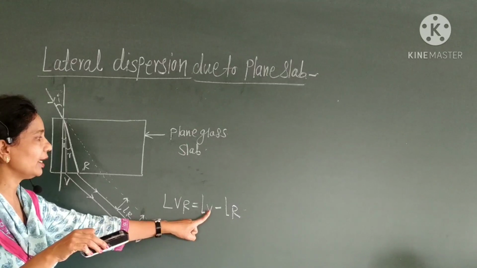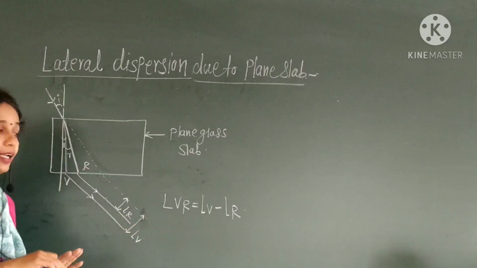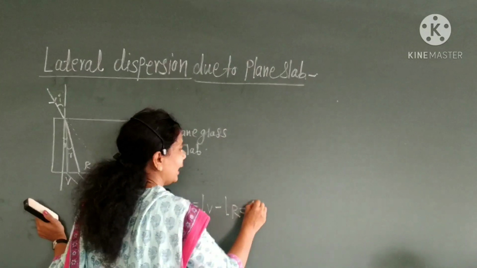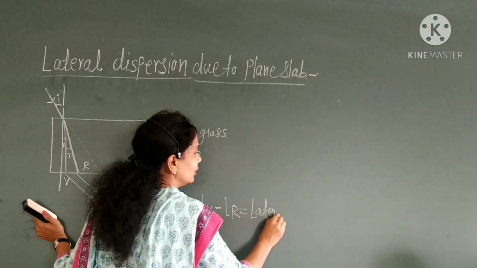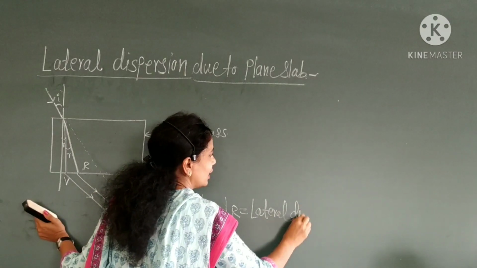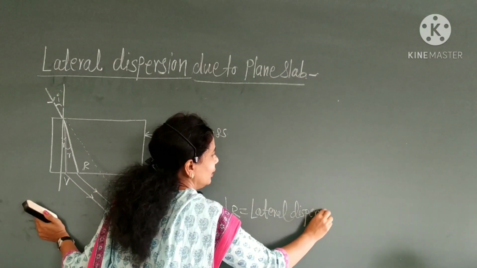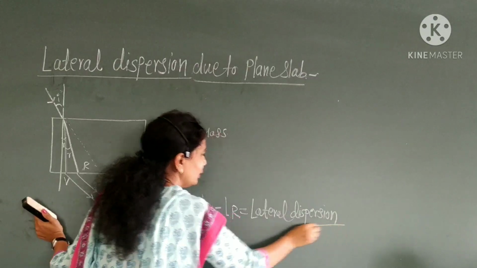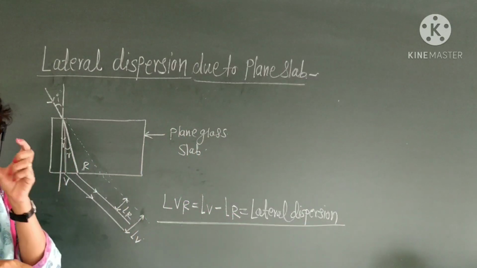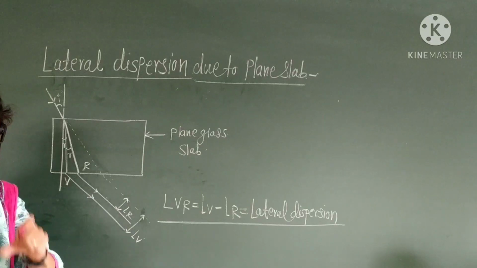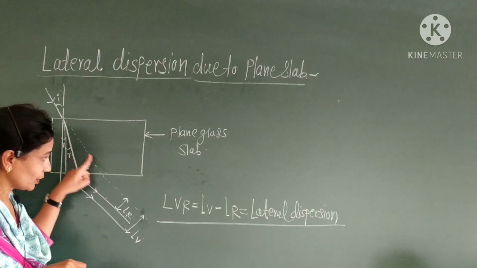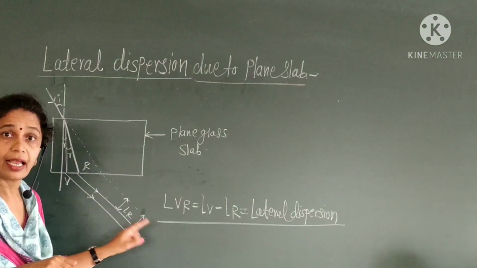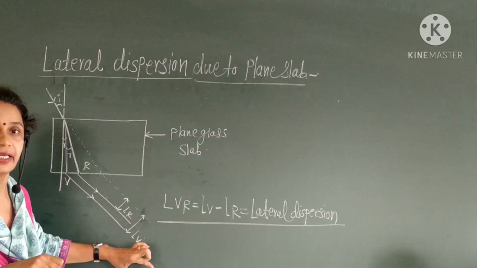LVR is equal to LV minus LR and this is called lateral dispersion. Lateral dispersion. Then what is the lateral dispersion? Of course it is the distance between the incident rays and emergent rays.